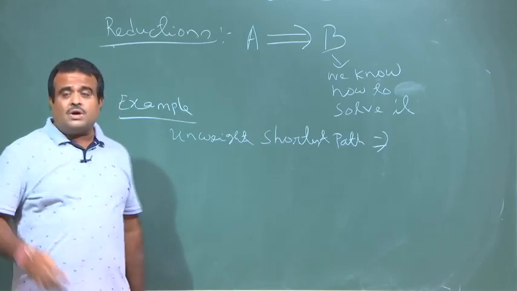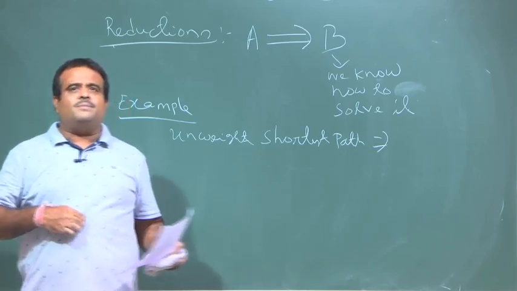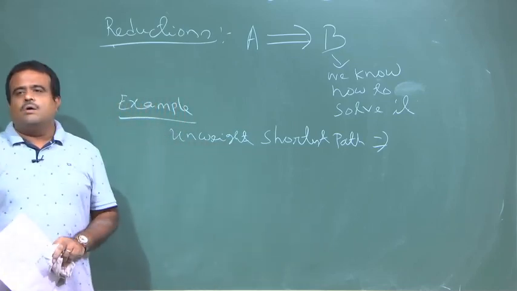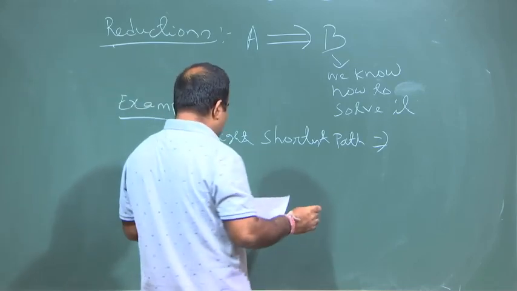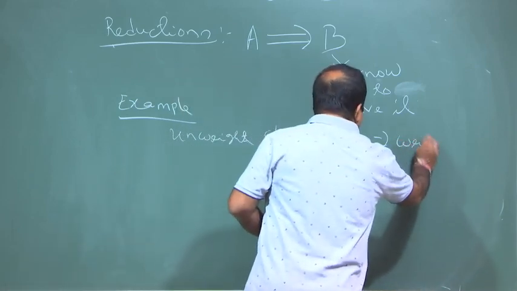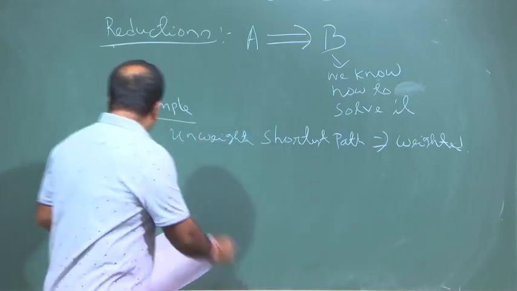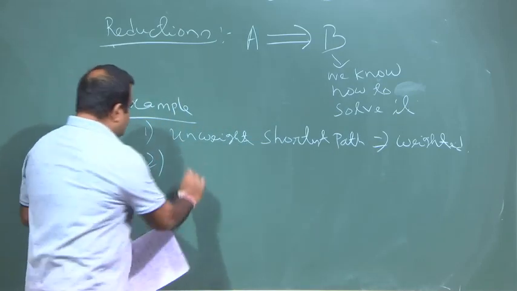What do we do? We know the weighted graph shortest path. So, we convert this problem to the weighted graph problem. We can put the weight of each edge as 1, and then we can convert this into a weighted graph. That is it. This is one example. Another example could be longest path.